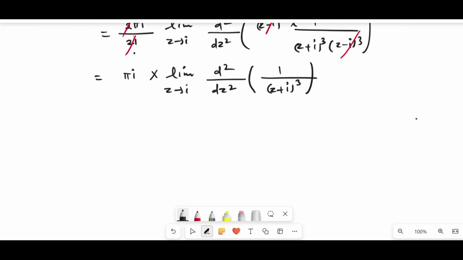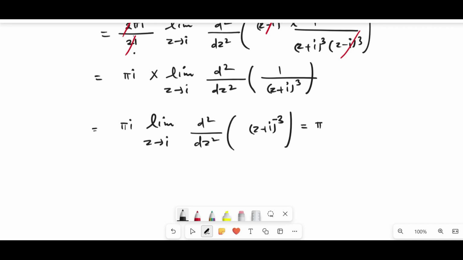So now further this can be written as pi i limit z tending to i of the second derivative of (z plus i) to the whole power negative 3.